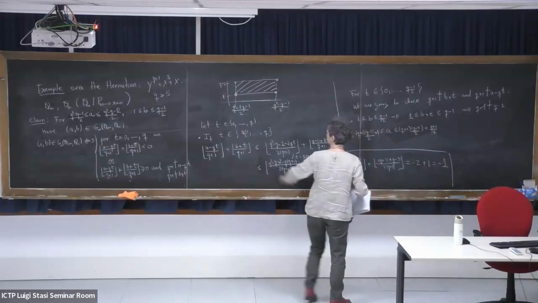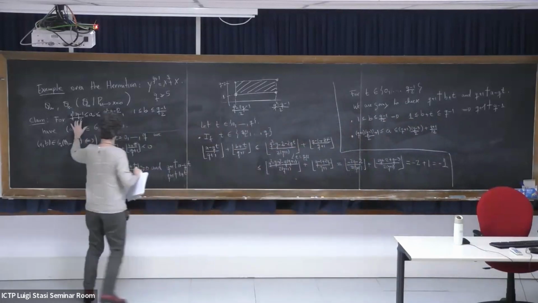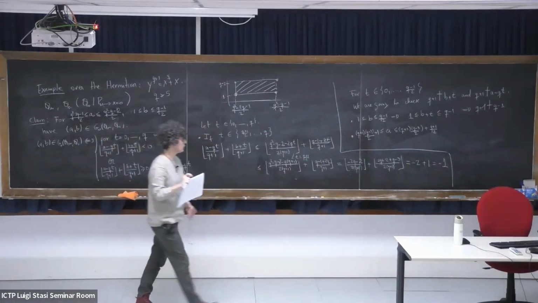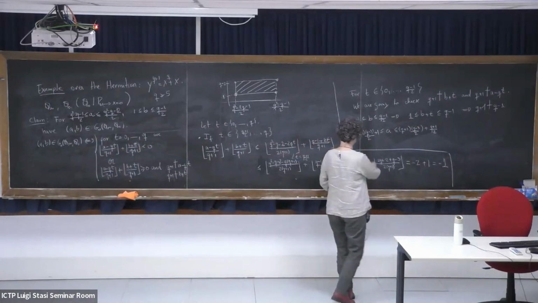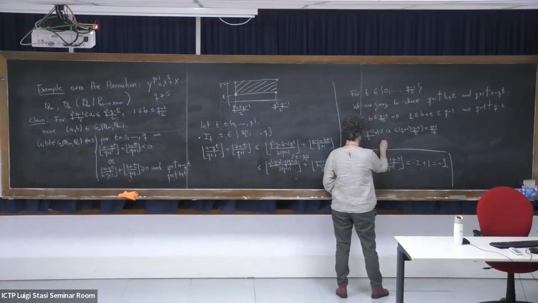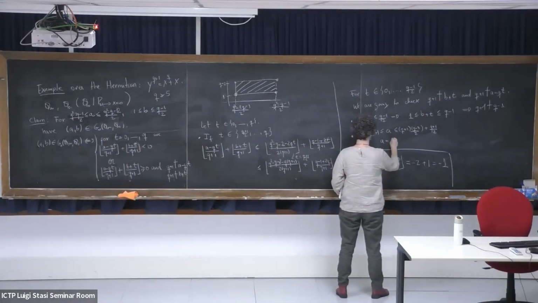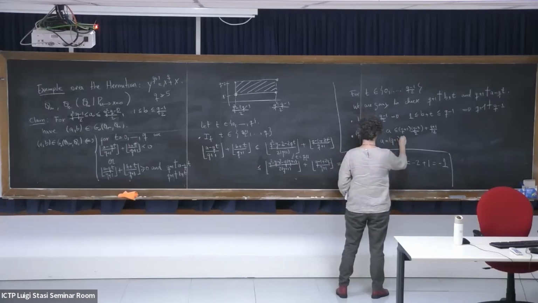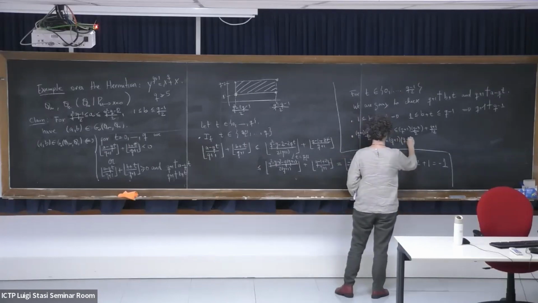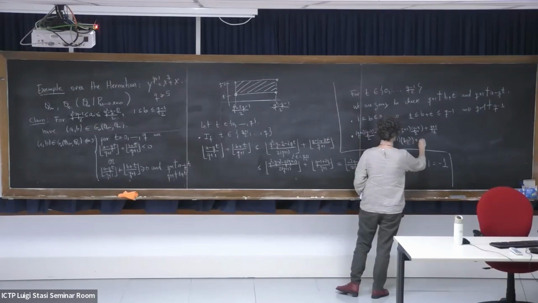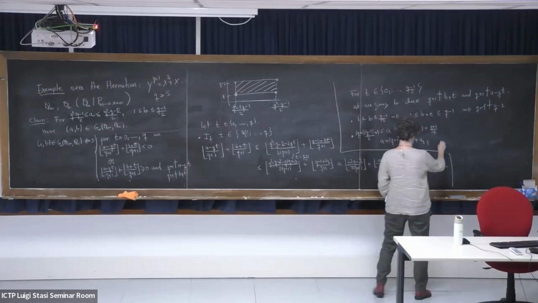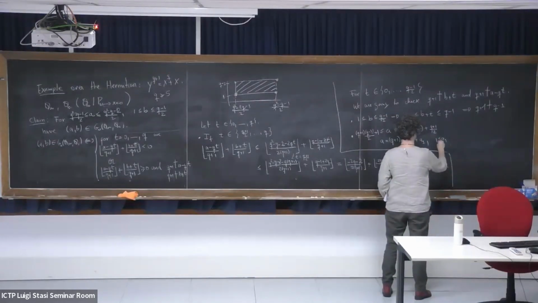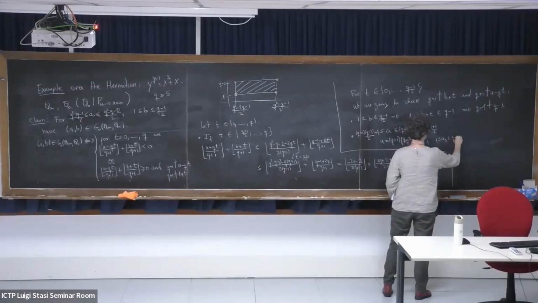Oh yeah, this guy is just this guy, and the other guy is just this guy. So you see, I can just write A is just equal to q plus 1, q minus 3 over 2 plus a certain A1 for A1 between 1 and q plus 1 over 2.